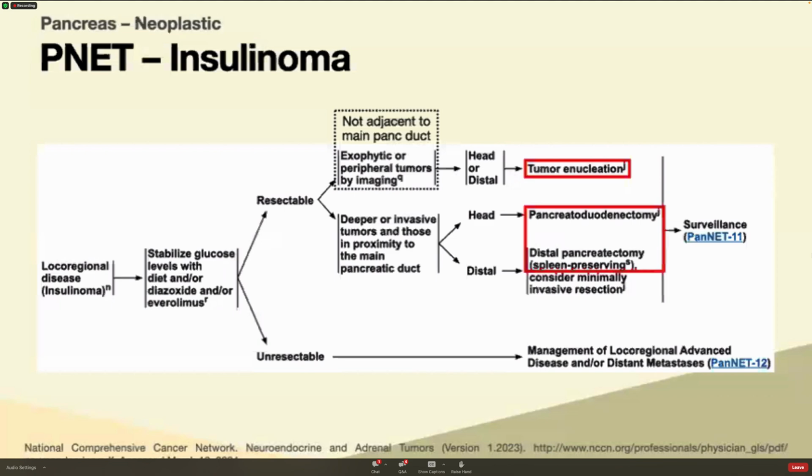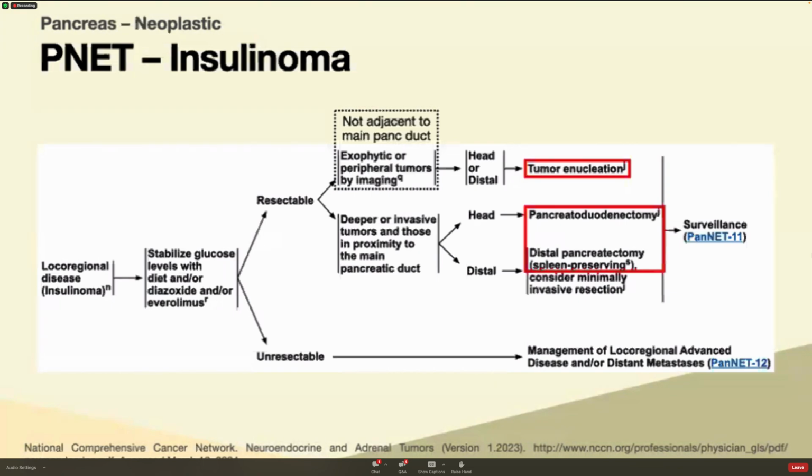So for resectable insulinoma, depending on the size and the location of the tumor, if it is exophytic and/or peripheral in location and not adjacent to the main pancreatic duct, then an option is to do tumor enucleation.